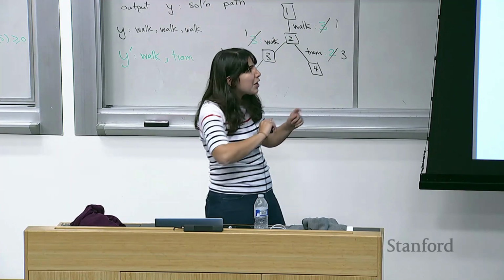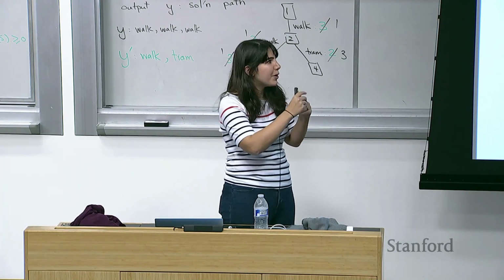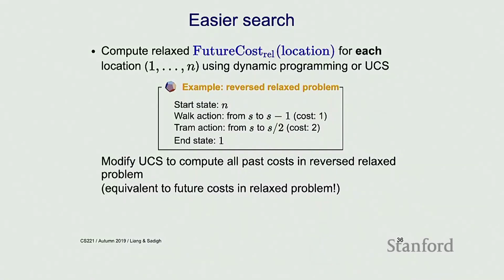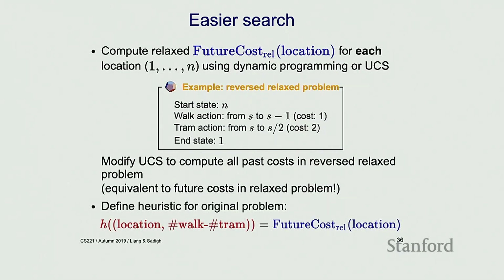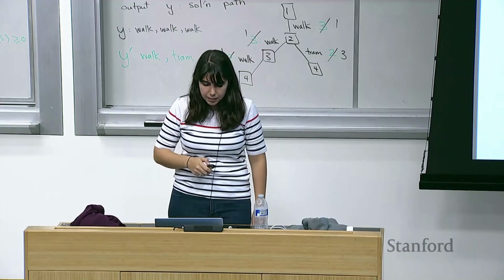So you need to create a reversed problem where you can actually compute future costs. A few engineering things, but beyond that, it is basically just running the search algorithms that we know on these relaxed problems. That will give us a heuristic value, and we'll put that in our problem, and we'll go and solve it. Okay?